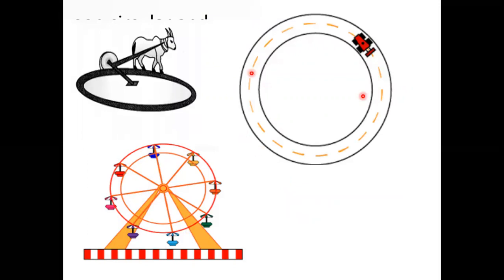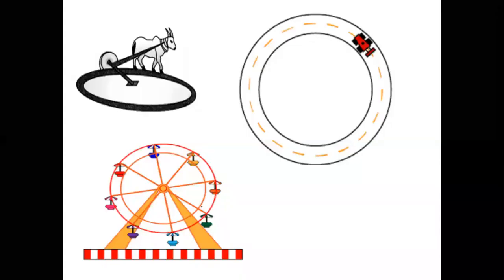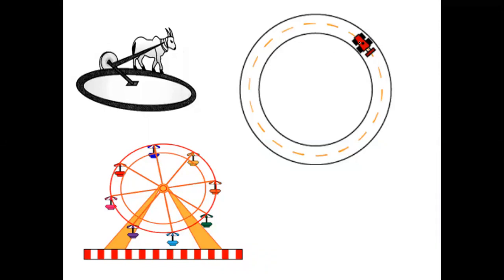These are some examples of circular motion. See, this car is going around this thing. It is also a type of periodic motion. This is going around and around.